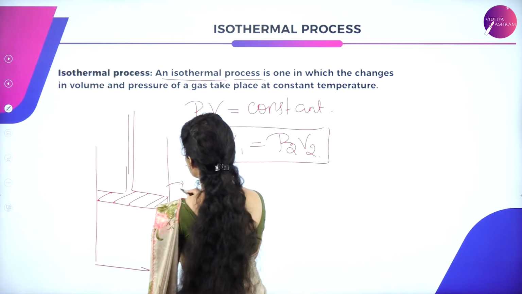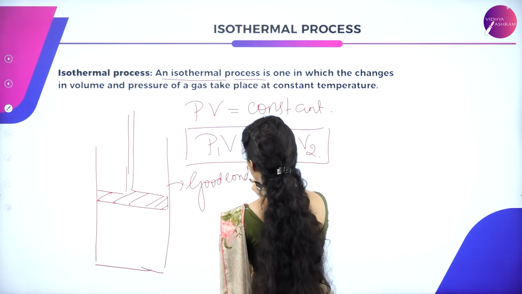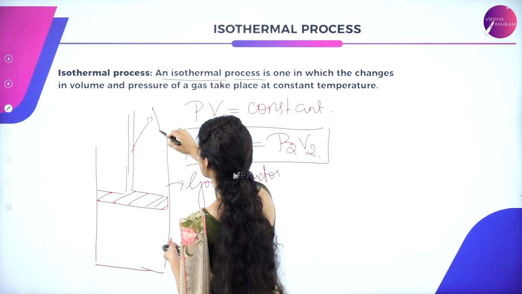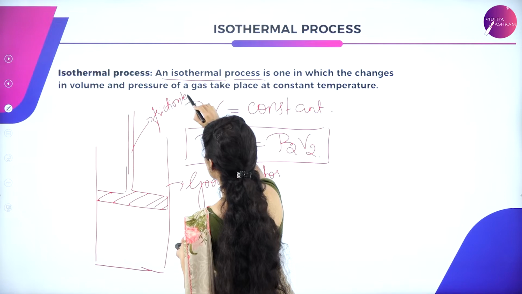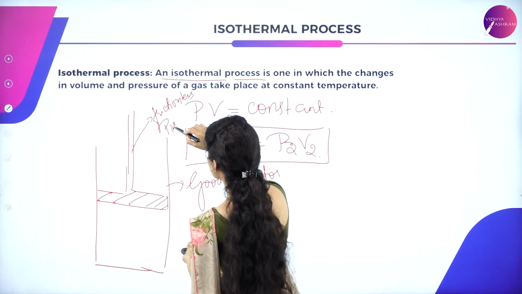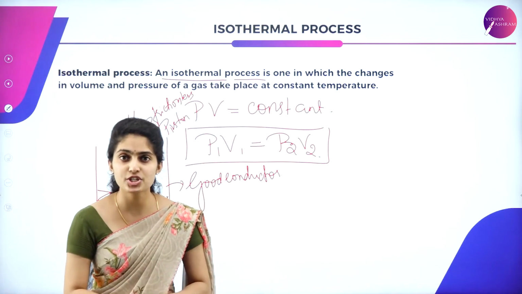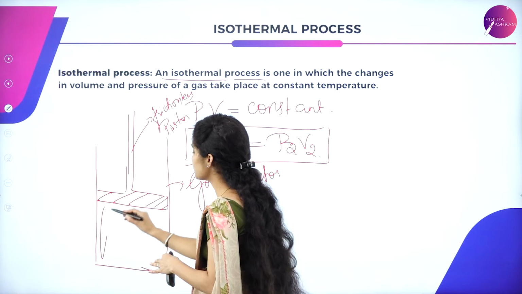So if you consider this as a good conductor and this is a frictionless piston, when you just give a pressure to the piston, what happens to the components which are present over here?